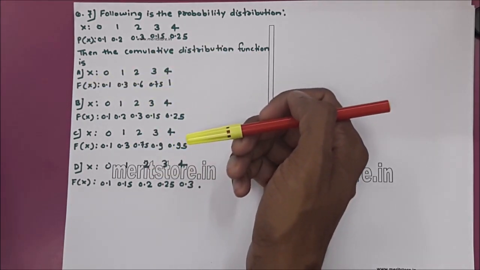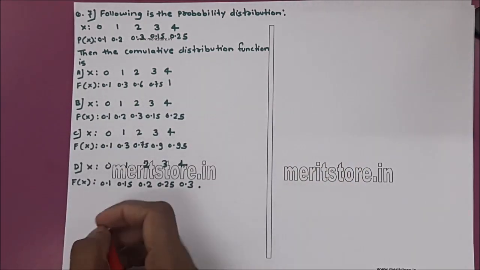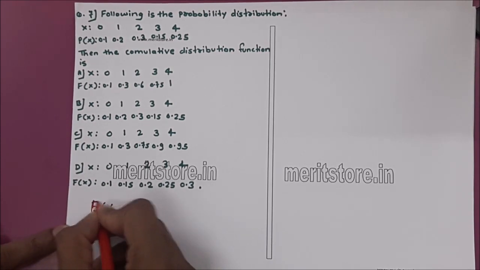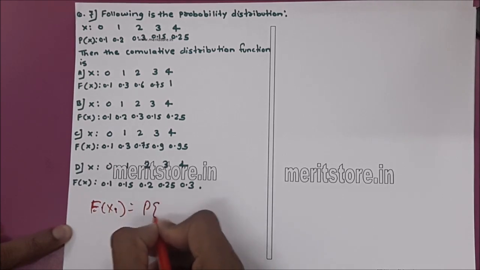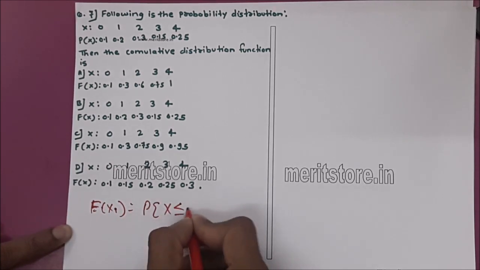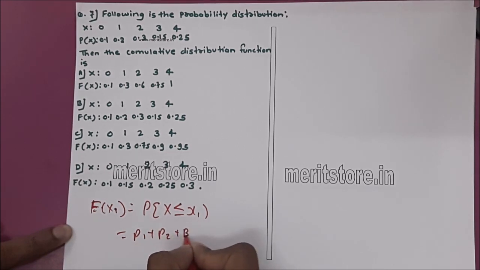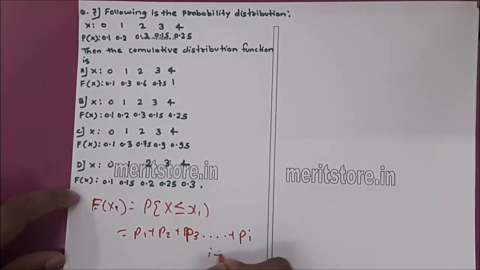We know that for the cumulative distribution function, F(x) is equal to P(X ≤ xi), that is p1 + p2 + p3 plus so on up to pi, where i = 1, 2, ..., n.